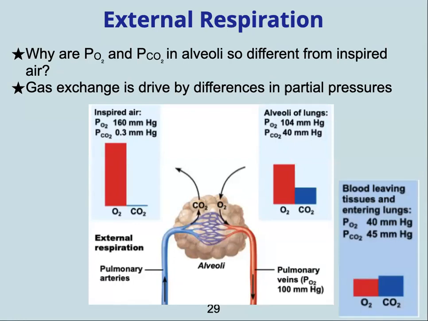Another reason contributing to this is the humidification of air by conducting passages. The conducting zone structures humidify the air, so we now have to account for water vapor pressure as well. With water vapor accounted for, our partial pressure of oxygen is going to be lower.